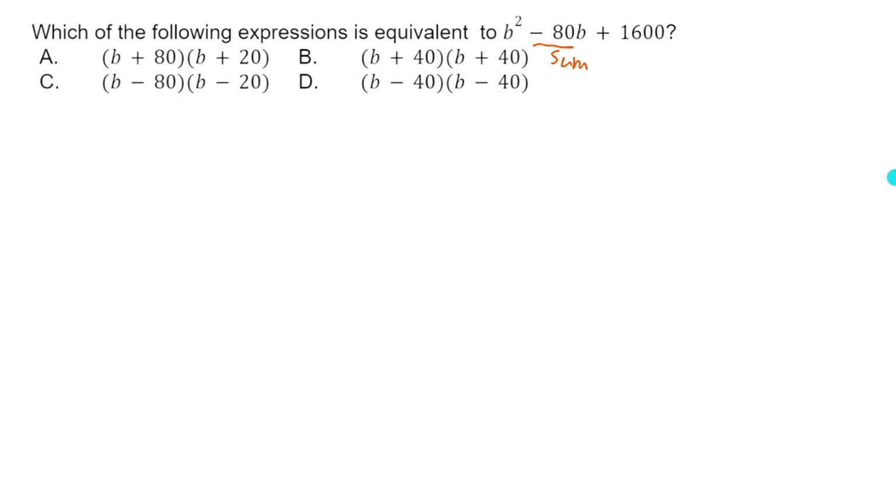And then the 1600 is the product. So what you should think of right now is, what are those two numbers that when you multiply is going to be positive 1600, and then when you add, it's going to be negative 80.